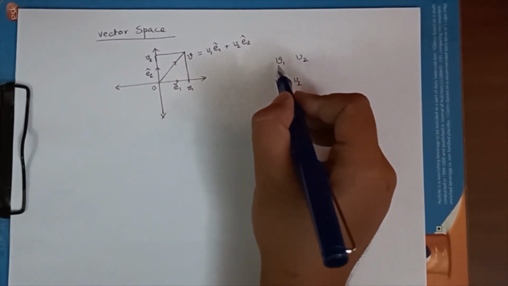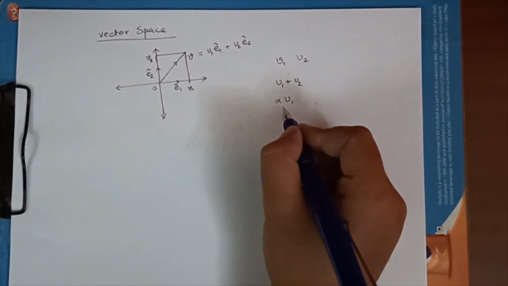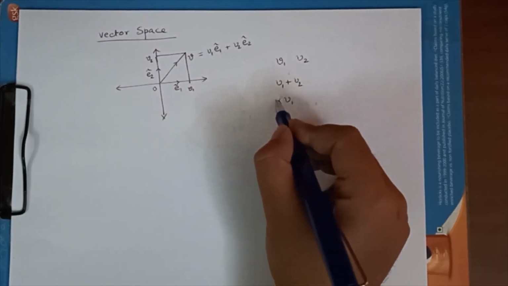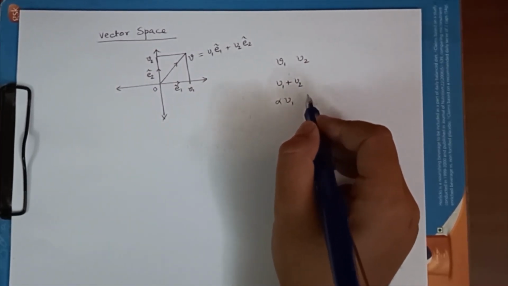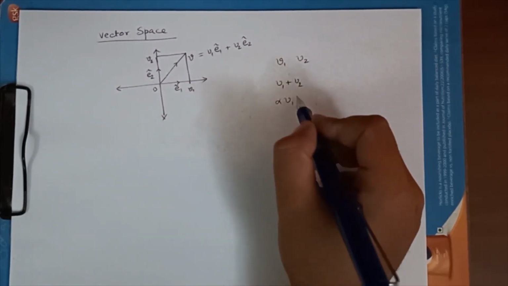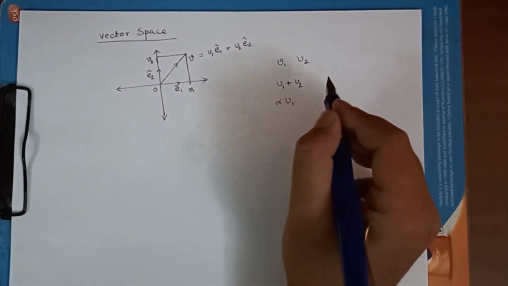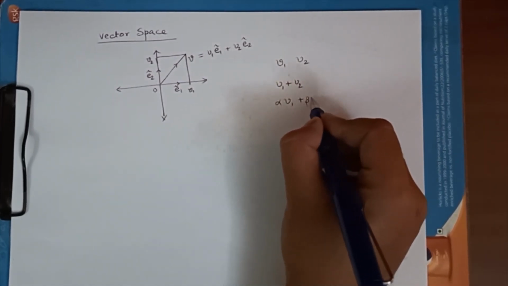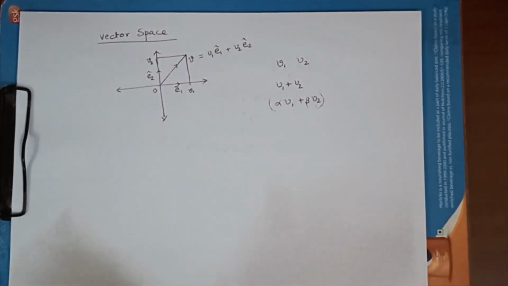If you multiply any vector with a scalar, that scalar can be any real number, or later on we will generalize that to some complex number, this scalar multiplication of the vector will also be a vector in that same vector space. We can combine this addition of vectors and scalar multiplication together, and write alpha v1 plus beta v2, which will also be a vector in that vector space.